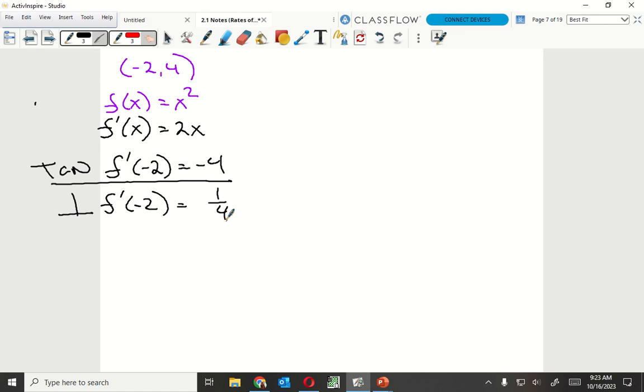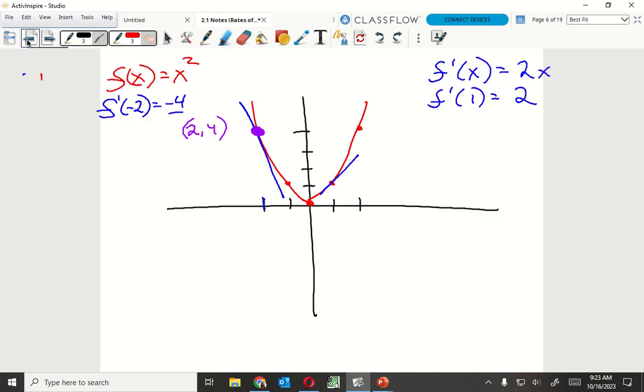Is that crazy? No? There's a lot going on there. So now I have the perpendicular slope. Let's go to my graph. Now instead of going this way, it's going to go this way, creating a 90-degree angle to the tangent. Right?